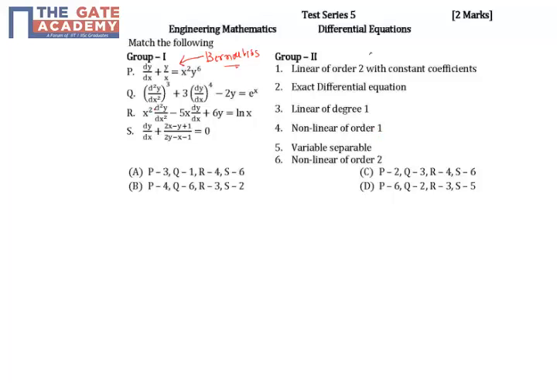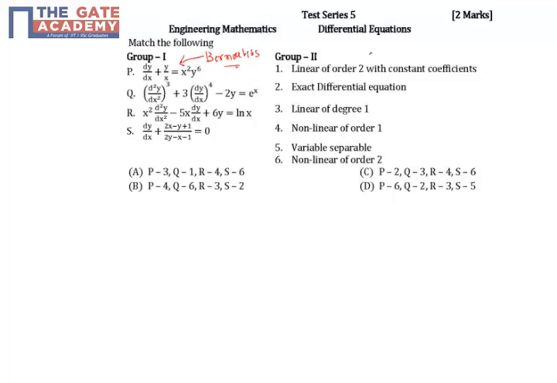And similarly, next one, (d²y/dx²)³ plus 3 into (dy/dx)⁴ minus 2y equal to e^x. Whenever you have this kind of differential equation, if this is also a linear function, then I can say that it is a linear equation.